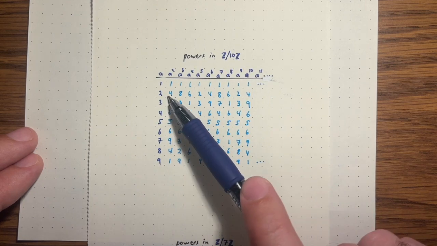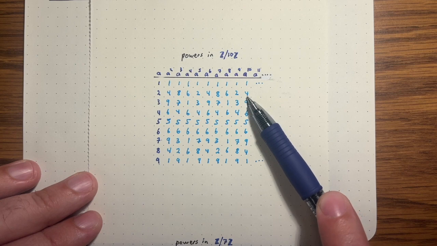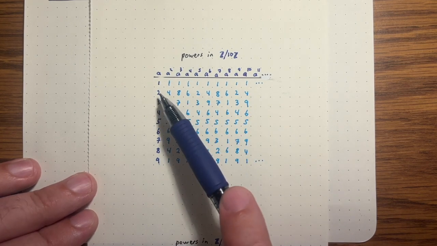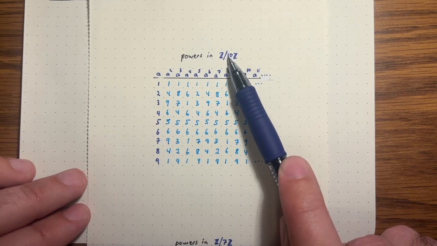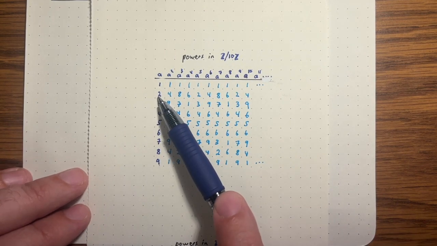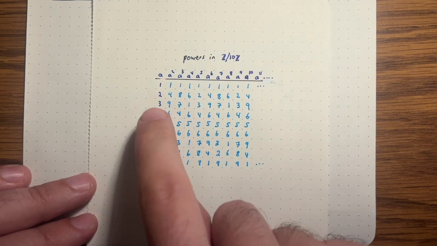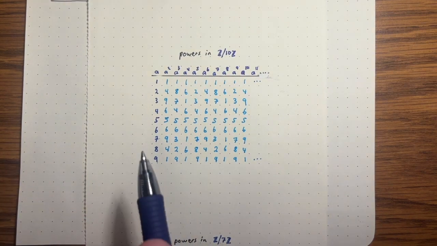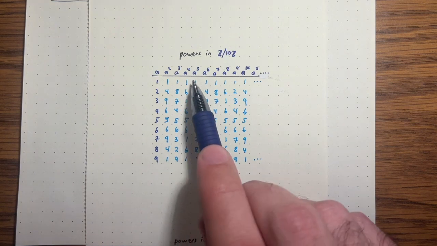Anything else, like 2, there is no hope for ever getting a 1 here. And the reason is, if we did get a 1, then we would have some power of 2 and 1 differing by 10. That's not possible, because anything that's a combination of 2 and 10 is going to be a multiple of 2. So 1, 3, 7, 9 are the only elements we can hope to ever get a 1.